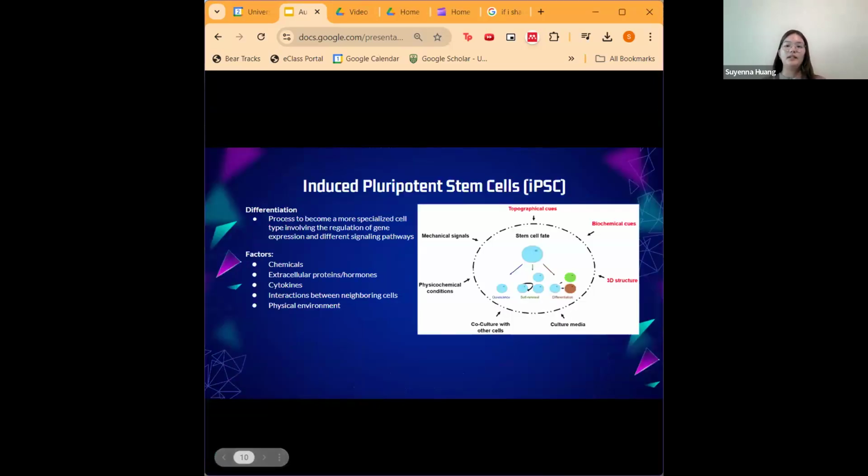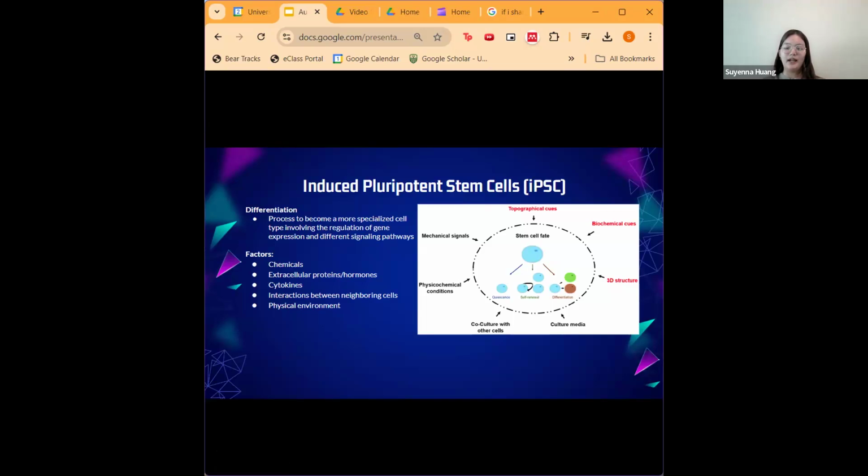With the iPSCs, you have to differentiate them, which is a process to become a more specialized cell type, like discussed earlier. And this is usually done by changing how the gene expression and different signaling pathways are regulated. Essentially, there's a bunch of factors that are involved.